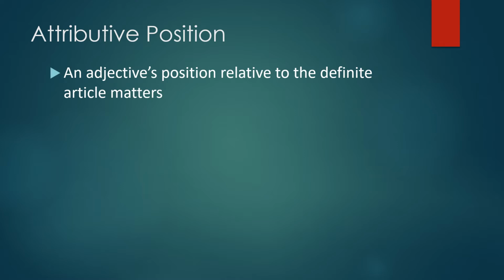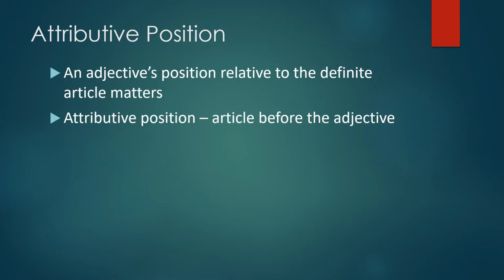If you know Latin at all, you're familiar with how it can have such a free, quote-unquote, word order. There are trends, but you have a lot of freedom. You have a lot of freedom in Greek, but notably, you don't have a definite article pretty much in Latin, while in Greek you do. So we'll say pretty much this attributive position is the article going before the adjective.